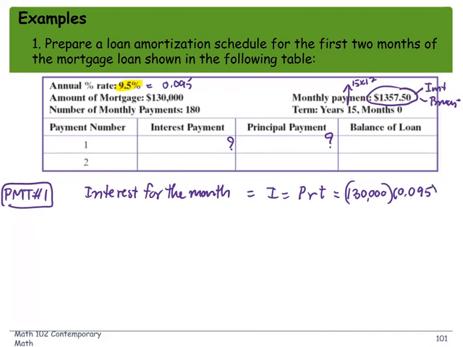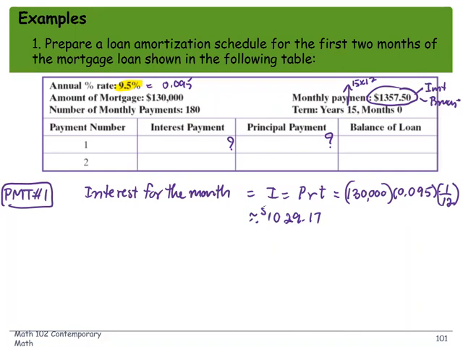Since we do it for this month, the time is 1/12, because it's not the entire year, just 1 out of 12 portions of the year. So the interest for this month is computed to be $1,029.17. Then we add the value into the table.